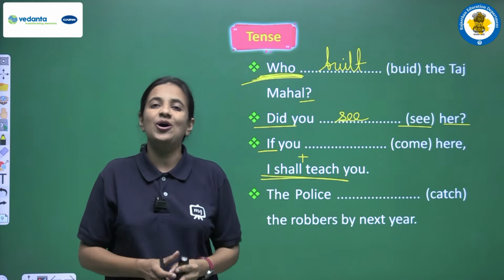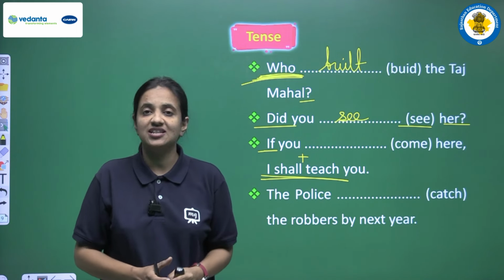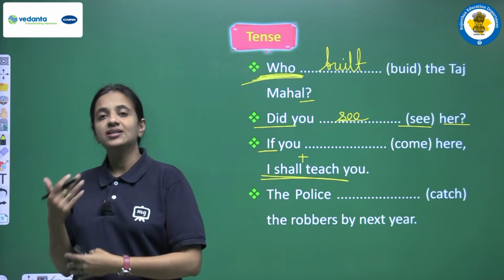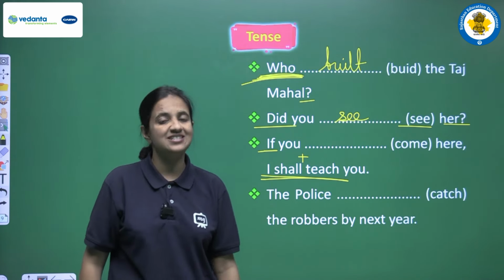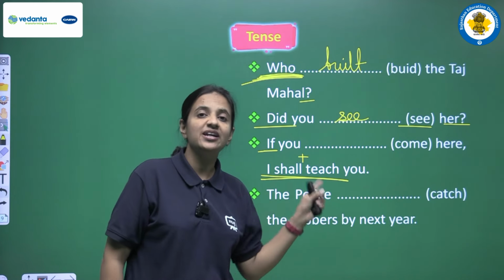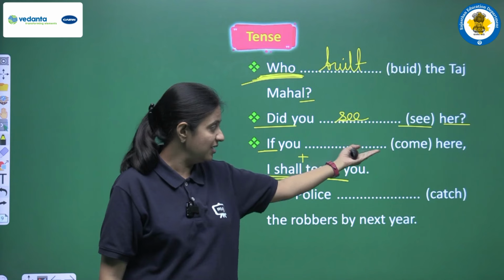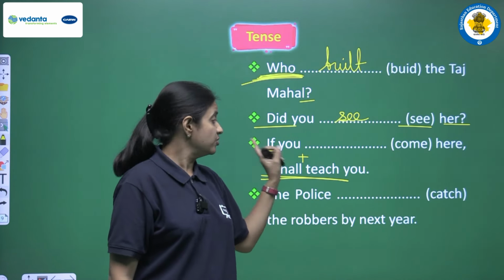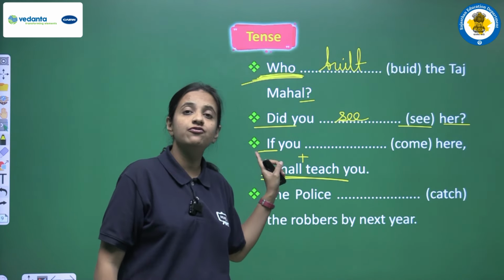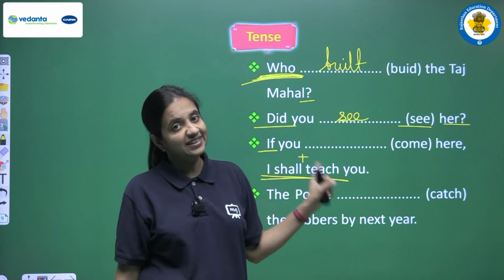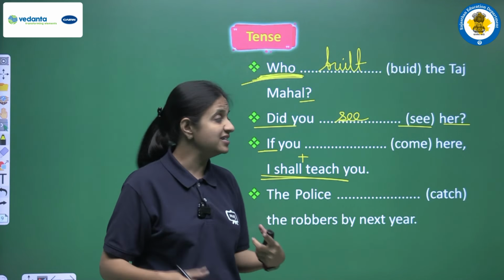It is very clear. We are having future simple tense in the result clause. So now just recall the different structures that we have discussed already. We have discussed all the 5 structures of conditional sentence. So now we have to be careful that if we have to fill the blank in the condition clause, we are having the result clause here. So if in the result clause we are having future simple tense, then in the condition clause we have to use present simple tense.